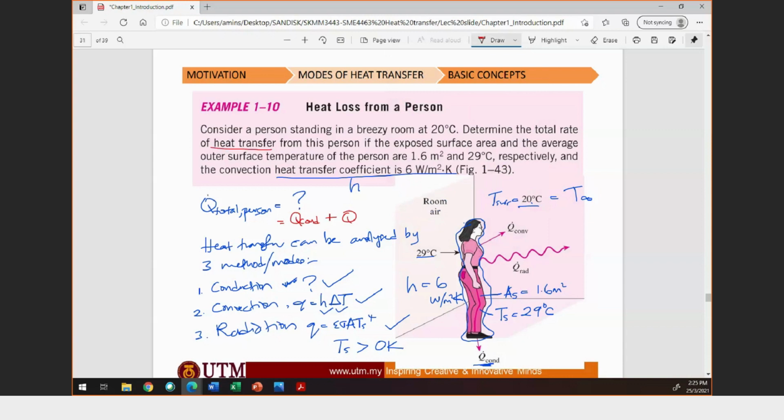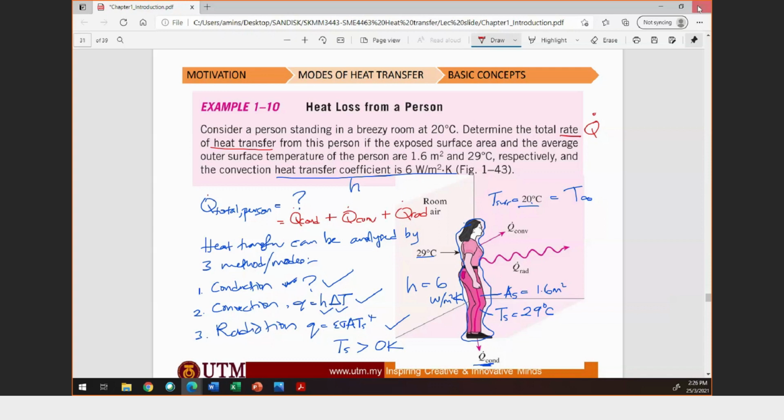So this is Q dot. If it is only heat transfer, it is Q. Q dot by conduction plus Q dot by convection plus Q dot by radiation. So all of the Q need to be considered in this analysis. Next, you need to calculate them one by one.